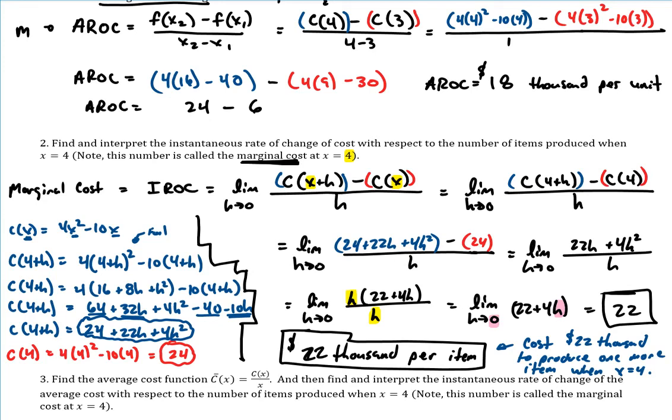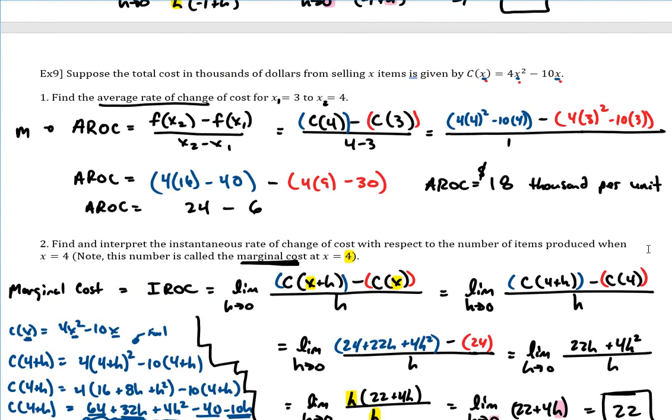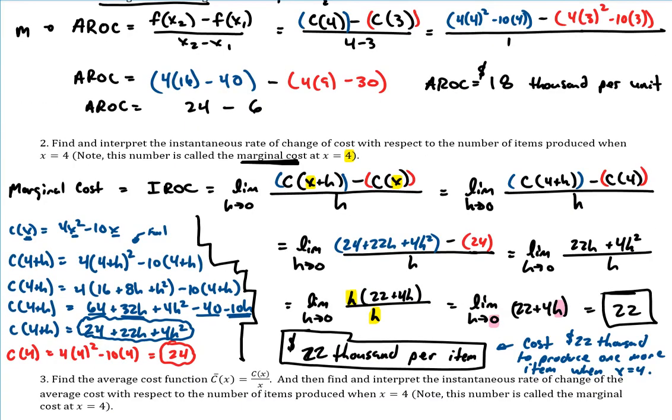In this, it's abstract. It doesn't really say what it is, but what could be happening is, let's go back to this. We saw the average rate of change to go from 3 items to 4 items was $18,000 per unit, whereas this is $22,000 per unit, and this is at x equals 4.